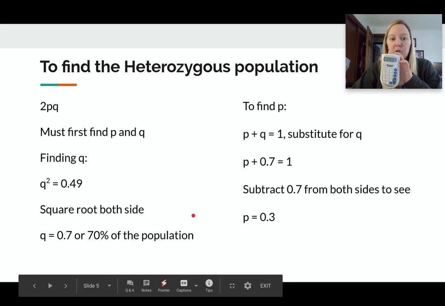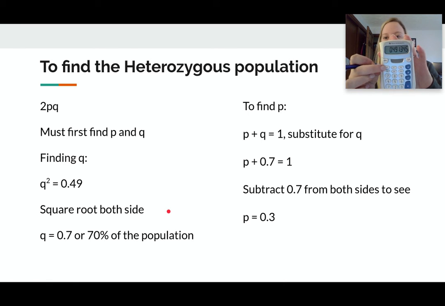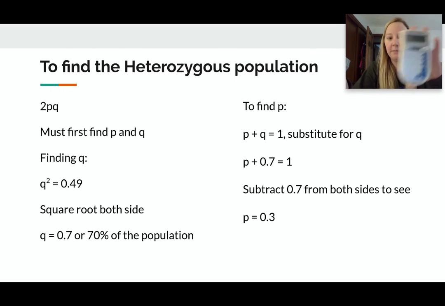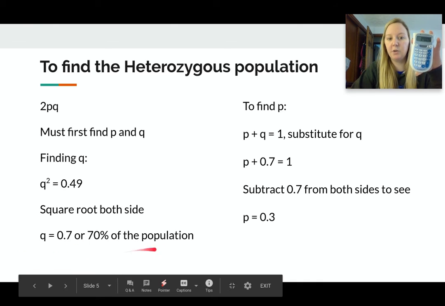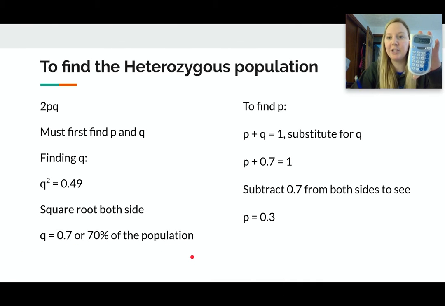All you do is square root both sides of your equation. Here's my square root button. Press it. 0.7. So q is 0.7, which means 70% of the population carry or show the recessive allele.